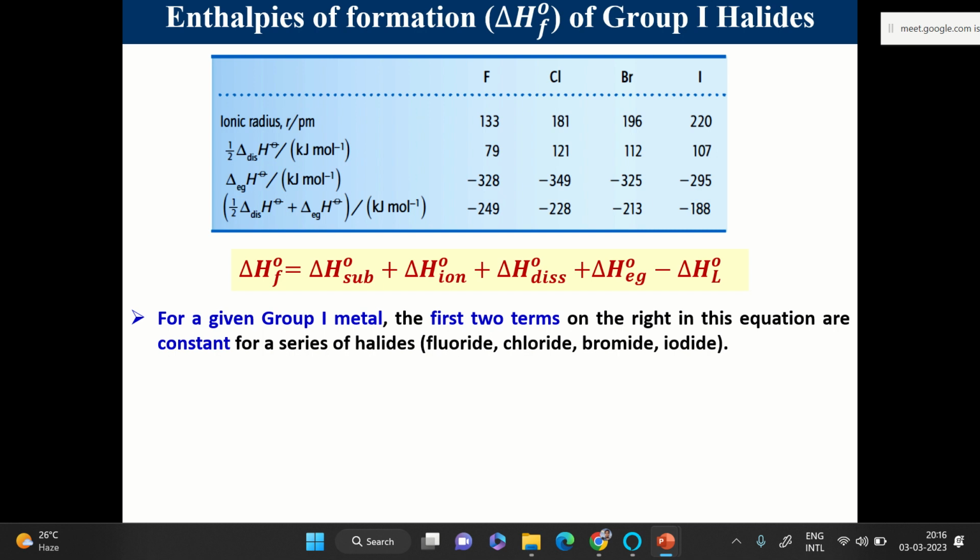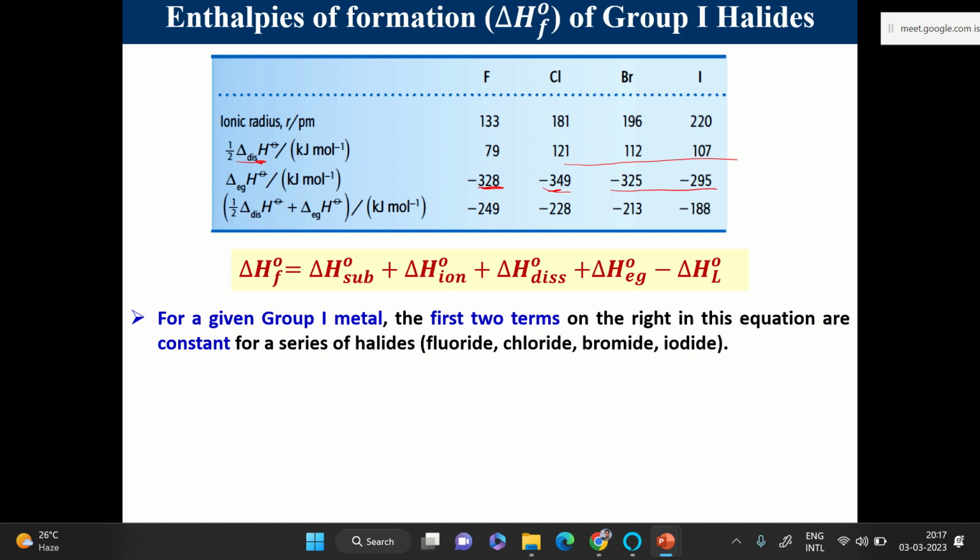Now you can see a few things here. Delta H dissociation for the different halogen molecules is given. Electron gain enthalpy is given here, minus 328, less than chlorine, minus 349, which is maximum. And then you have a trend like this.